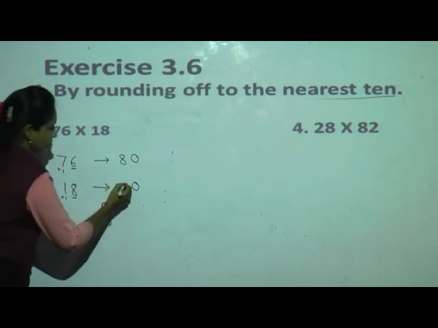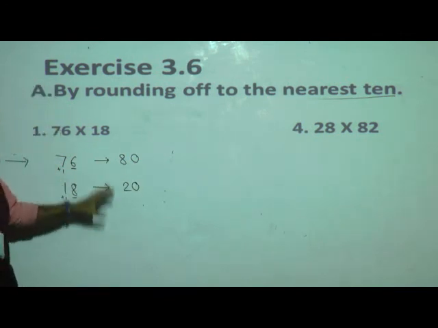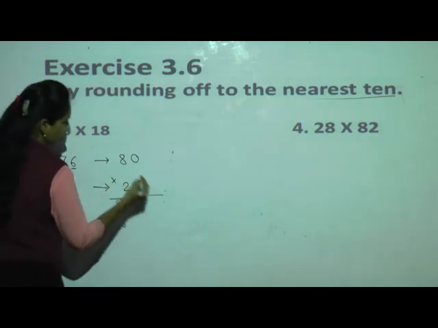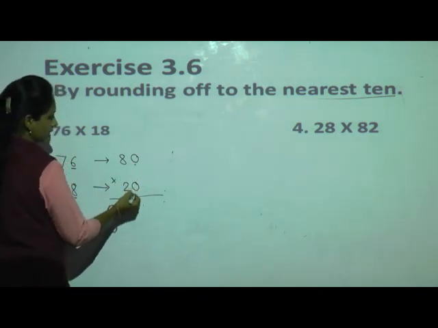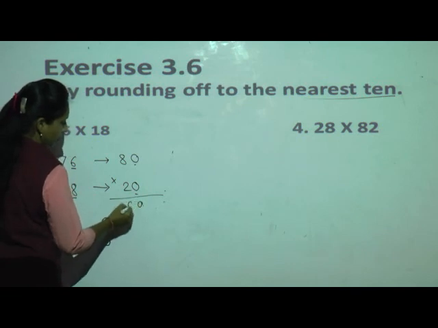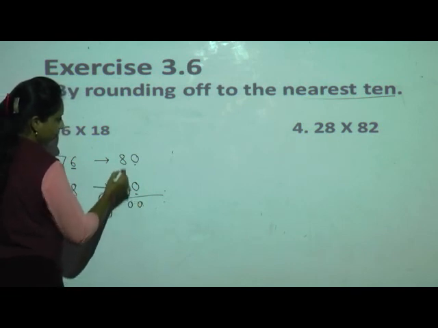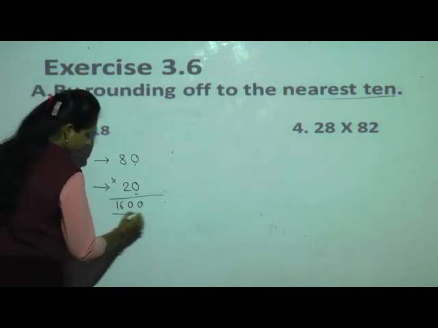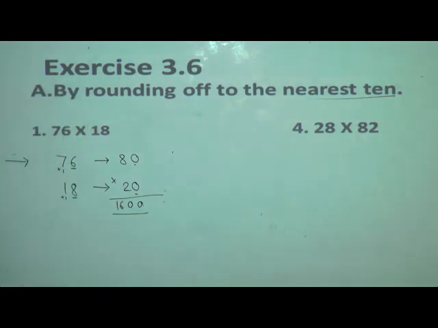So 1 plus 1 is 2. Now we got both the numbers. Okay, now what we will do? We will multiply both these numbers. So 0, 0, place 2 zeros, and 8 multiplied by 2. 8 2s are 16, isn't it? So what is the answer?